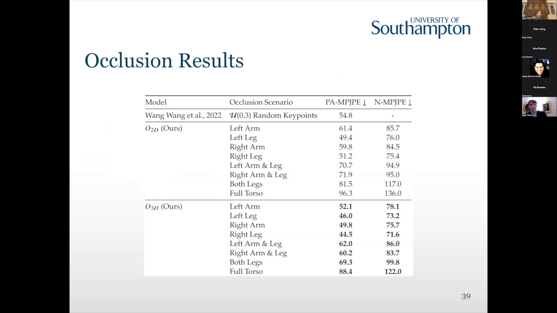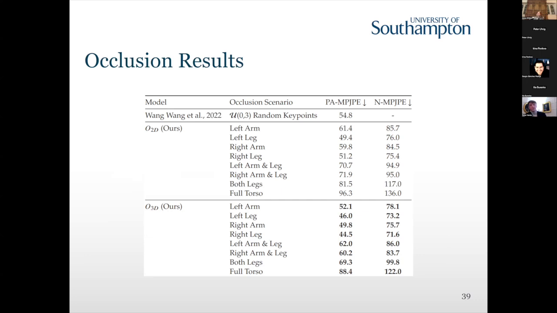It was the only other unsupervised lifting network that could handle occlusions, but to decide which points to mask, they randomly dropped between 0 and 3 keypoints. That meant theoretically it could also not be occluded, because 0 could have been sampled, and theoretically you could occlude the head, the left wrist, and the right elbow, at which point the entire pose isn't visible, so it doesn't really simulate realistic occlusion scenarios, in my opinion.